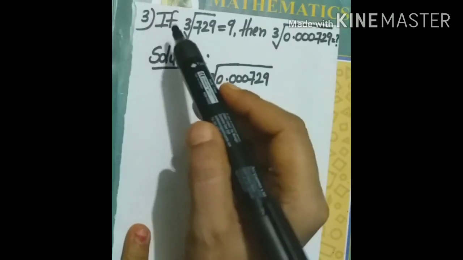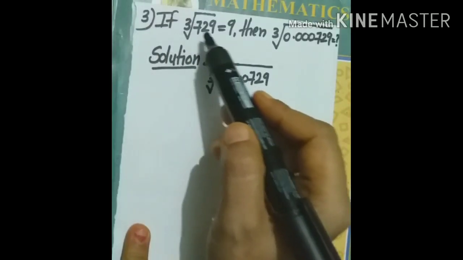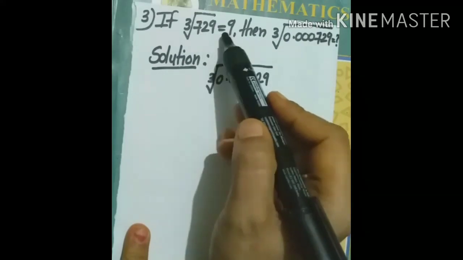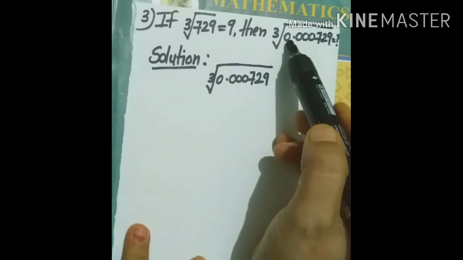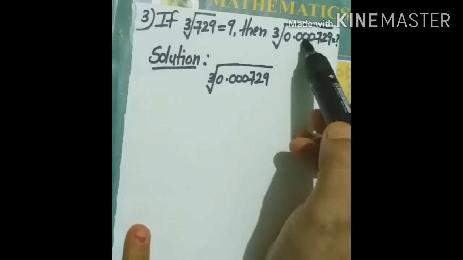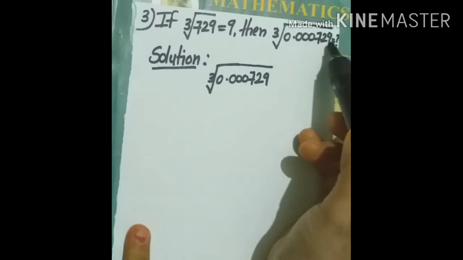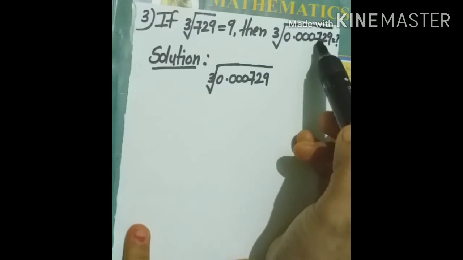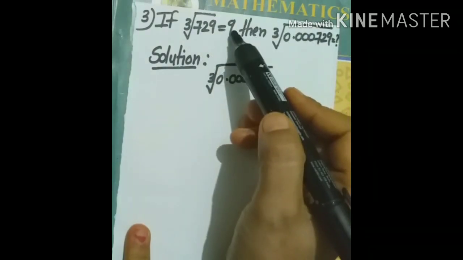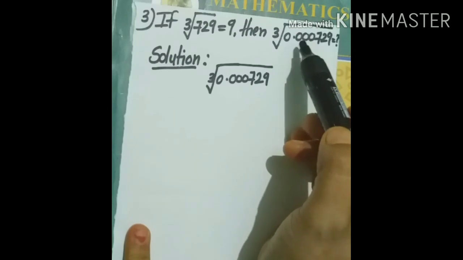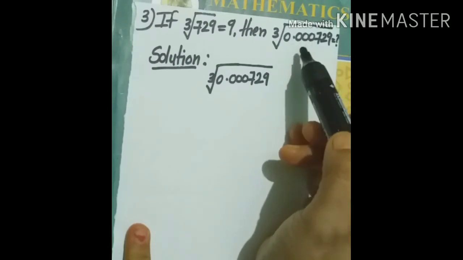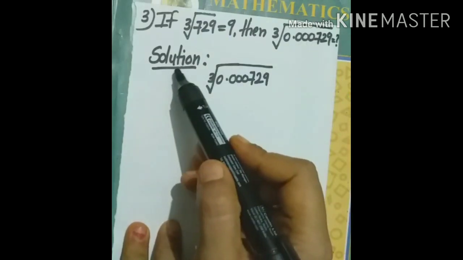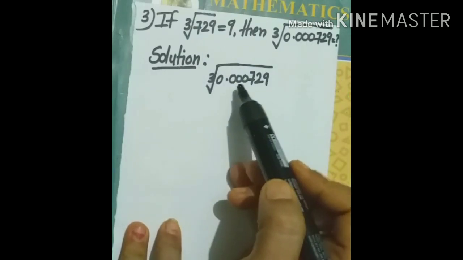Question number 3. If cube root of 729 equal to 9, then cube root of 0.000729. Here children, cube root of 729 is given as 9 and we have to find out the cube root of this number. Now let's see how to find cube root of this number. Solution, write down children here this number.